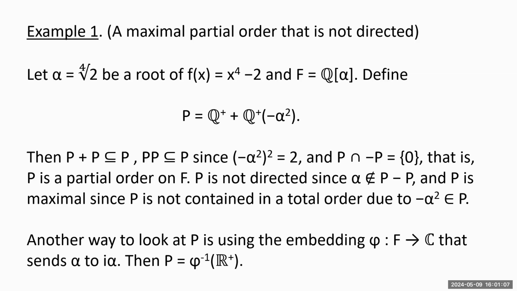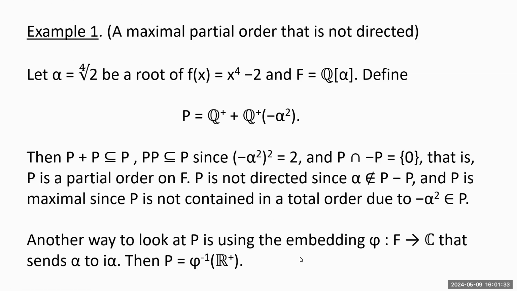We send this alpha to i times alpha, where i is an imaginary unit, so i squared is equal to -1. Then P is equal to the inverse image under this embedding. So this will be a maximal partial order, but it's not directed. So this field is not O-star. So this is for number fields.